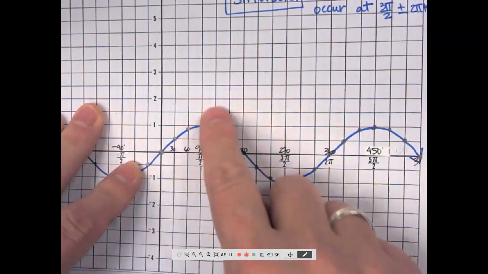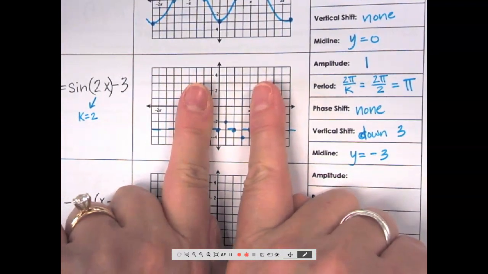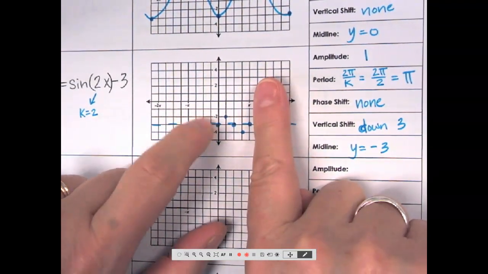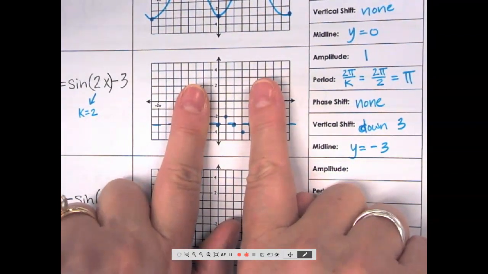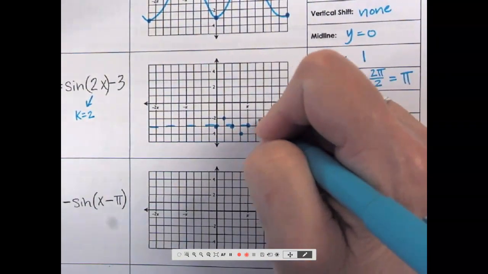But I had to make all 5 of those points happen between 0 and pi. So I had to squish it in 0, max, 0, min, 0, just in pi radians. And then you can keep extending that pattern a little bit just so we have enough to connect.